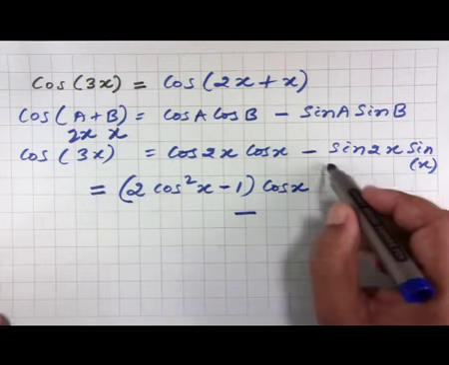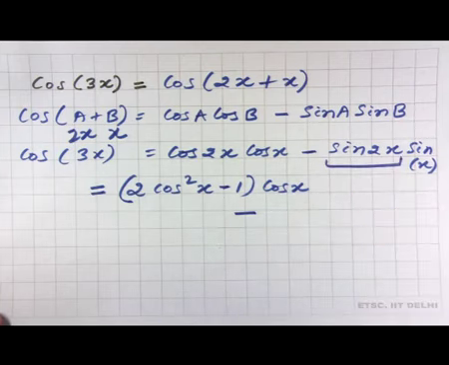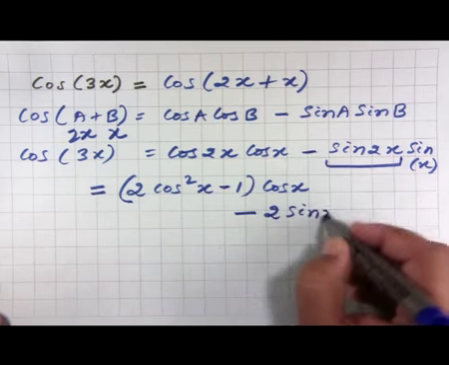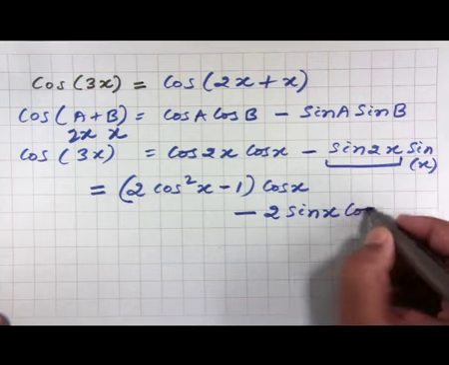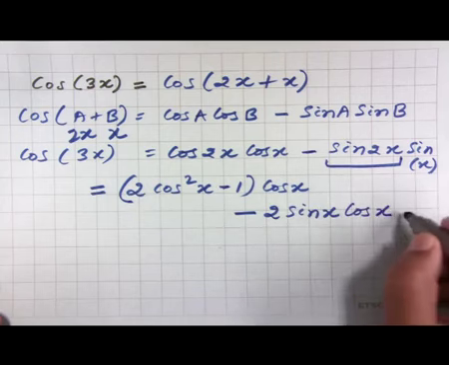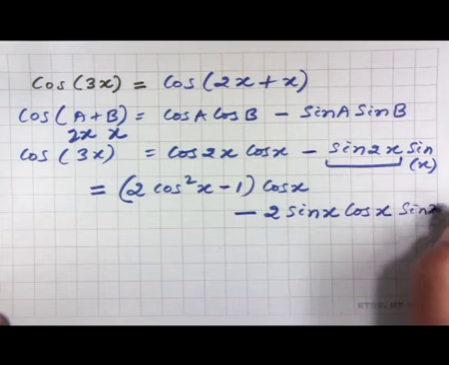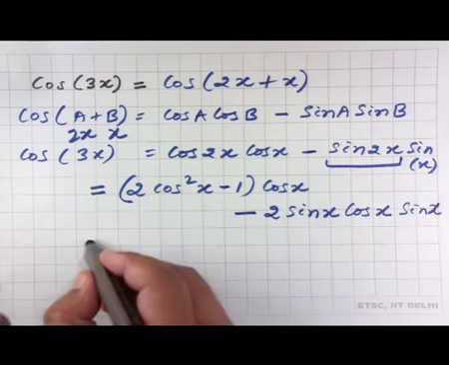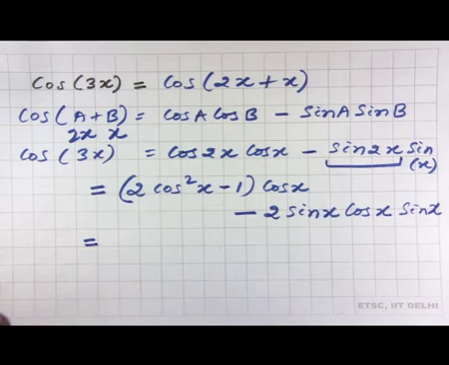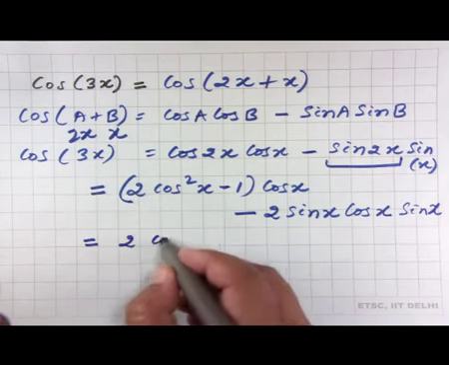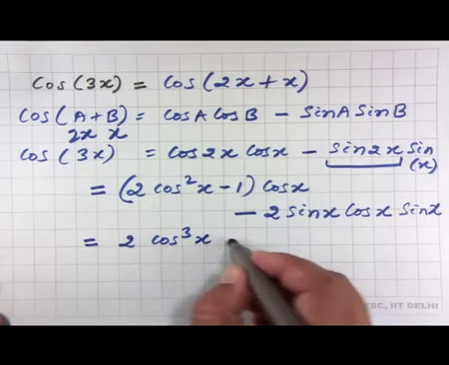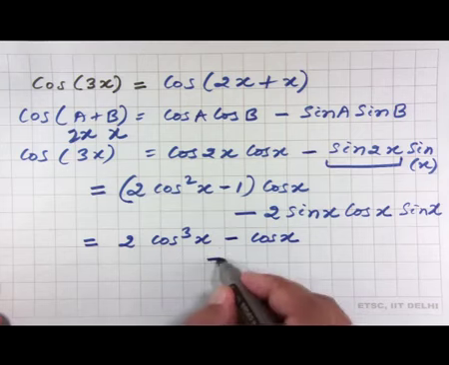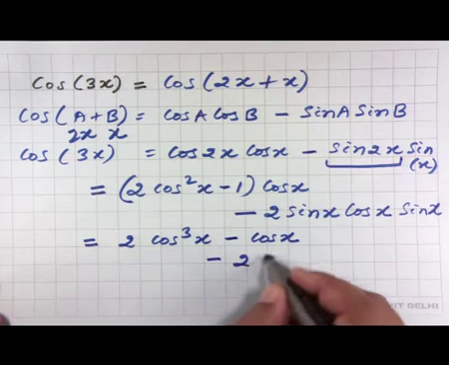So, that is what we are going to use for sin 2x here, times sin x, which is equal to minus 2 cosine of x.